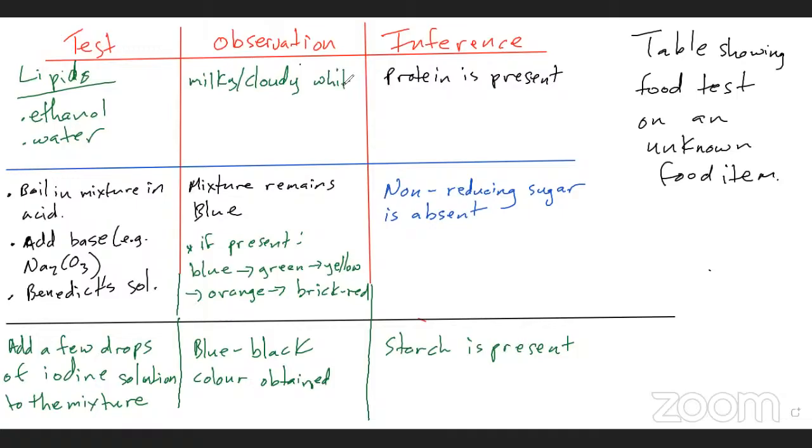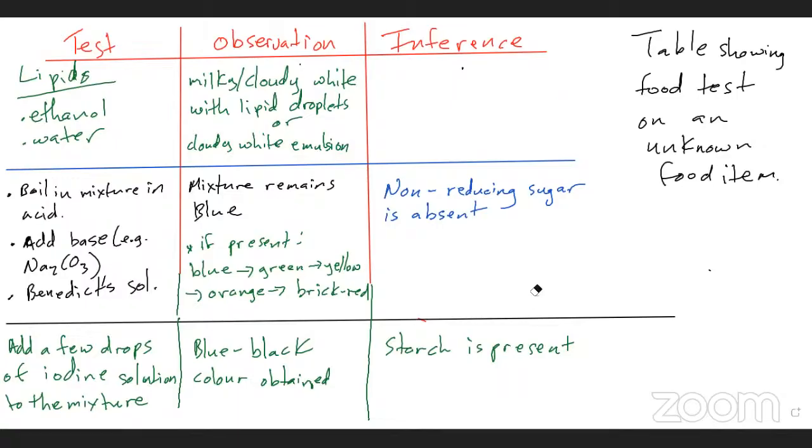Right, so a cloudy white or milky white with lipid droplets, or once you mention the word emulsion, it would cover it, so you could say cloudy white or milky white emulsion. Whichever of those 2 observations you want to use. And the inference is that lipid would be present.